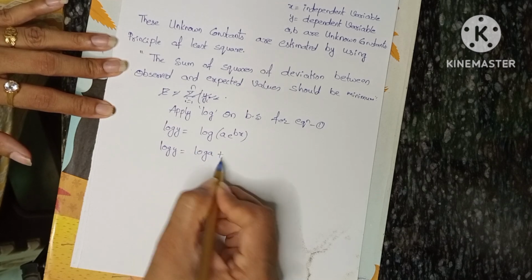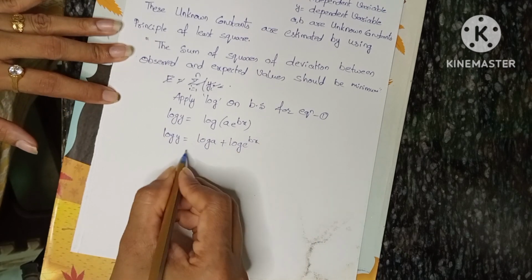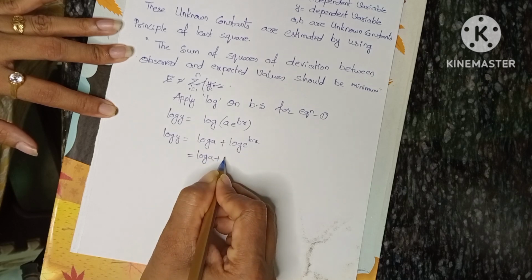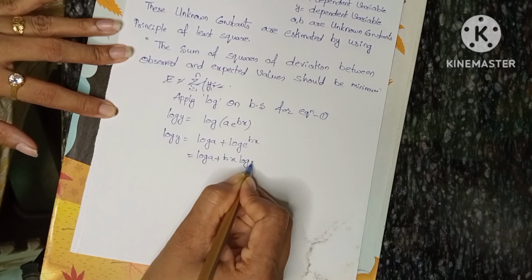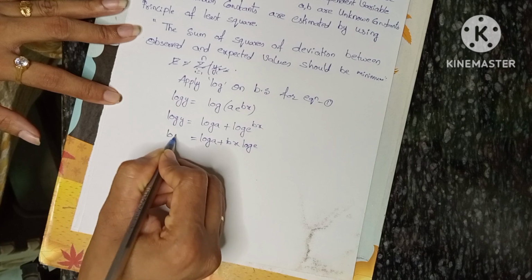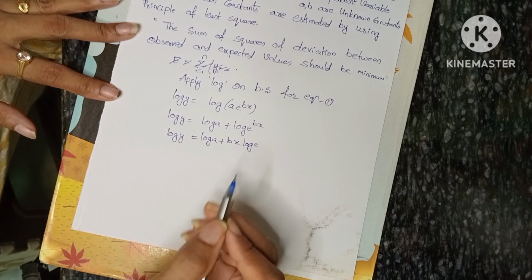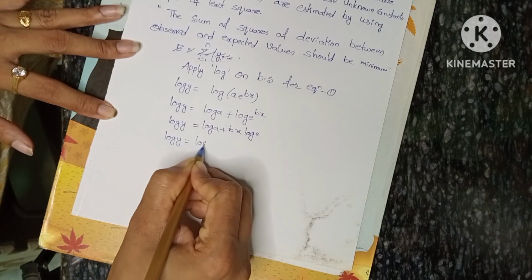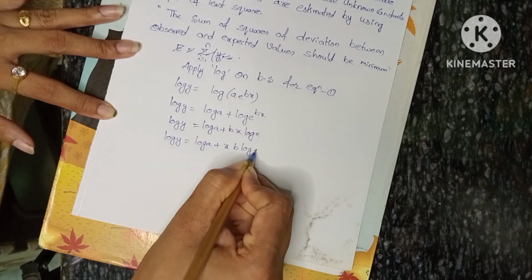Again we can write this as log a plus bx log e, or xb log e. So log y equals log a plus xb log e.